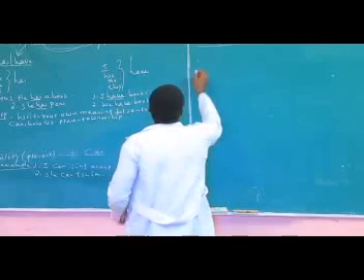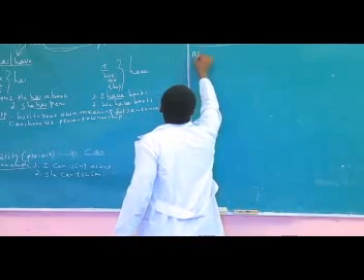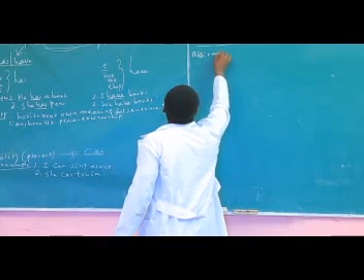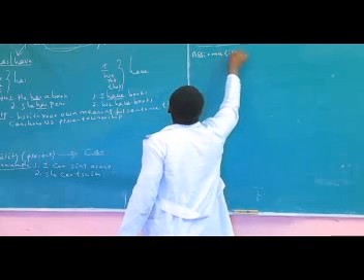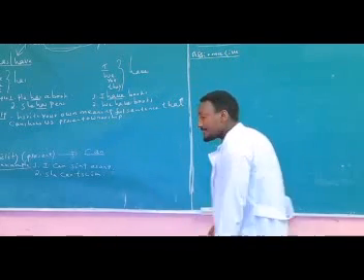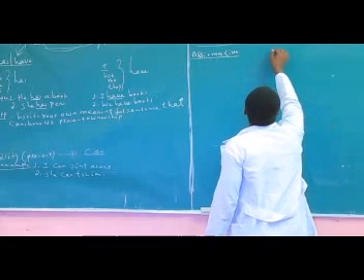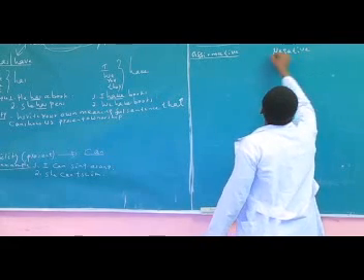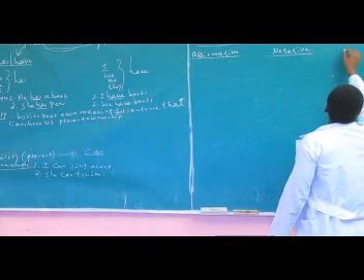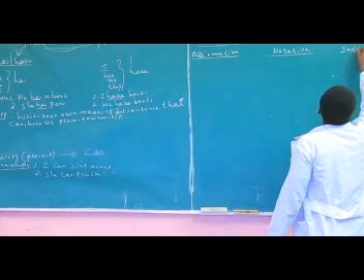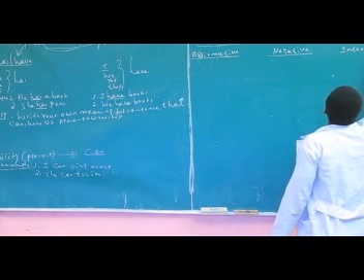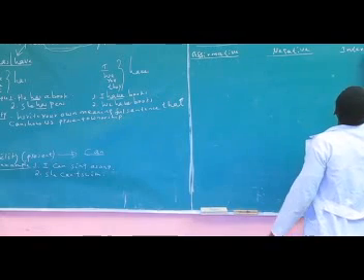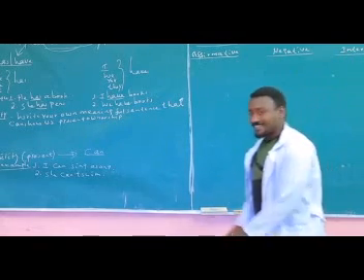So, let me give examples. Affirmative. The next point is negative and interrogative. Interrogatives.